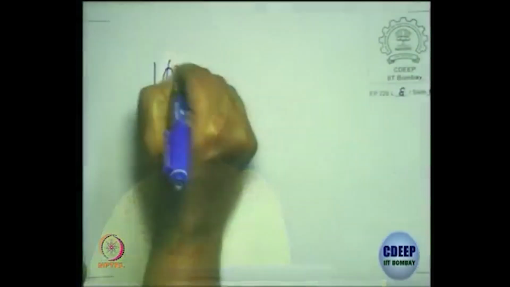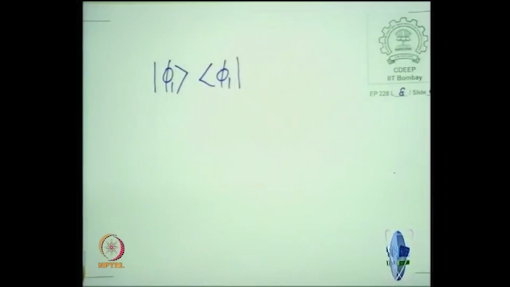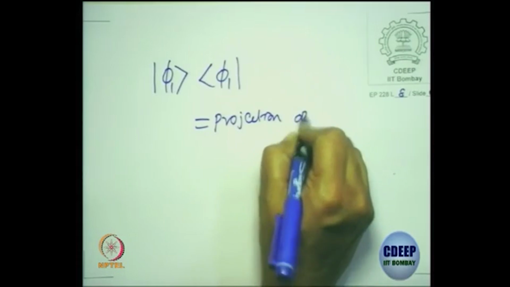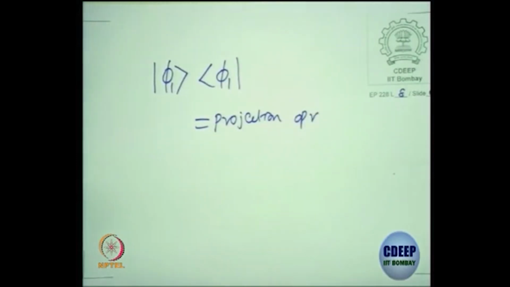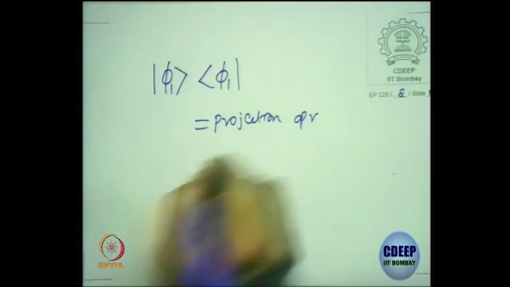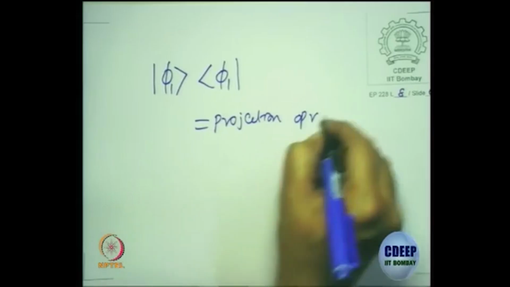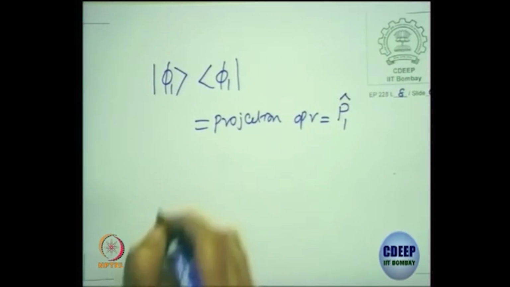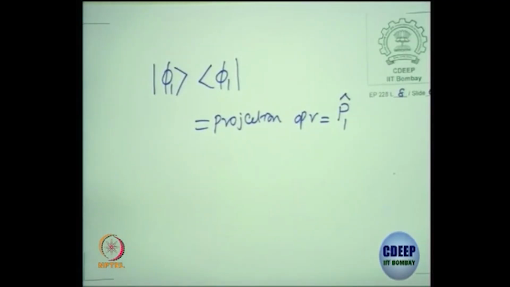So, this outer product is a projection operator. It's going to be a matrix operator. Let me call this P1 and put these operators with the hat. This is the convention which we follow. Don't confuse this with momentum. It's some projection operator.